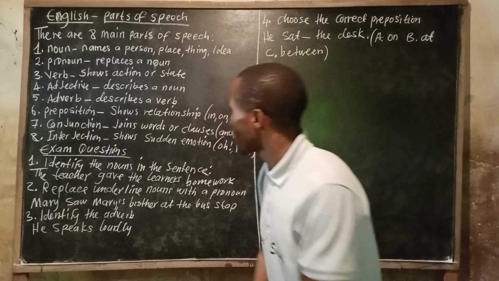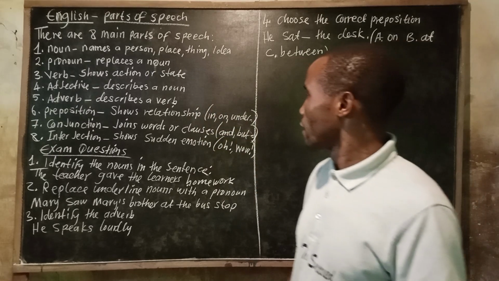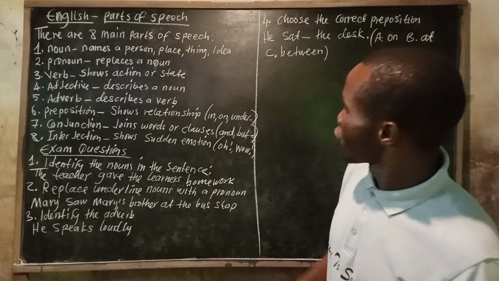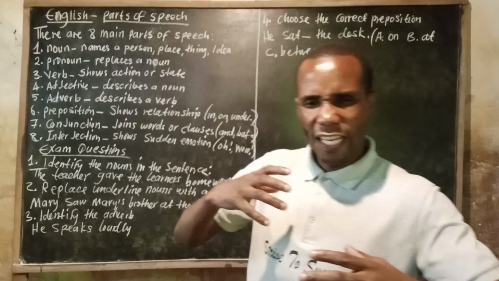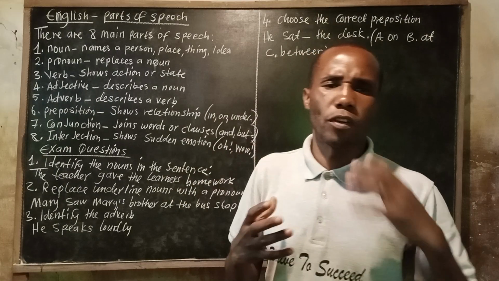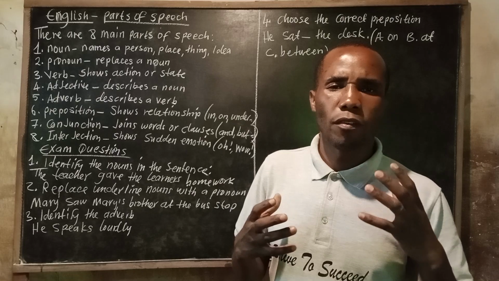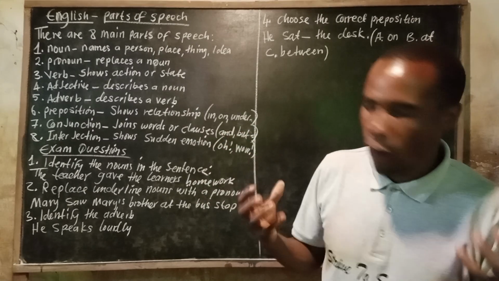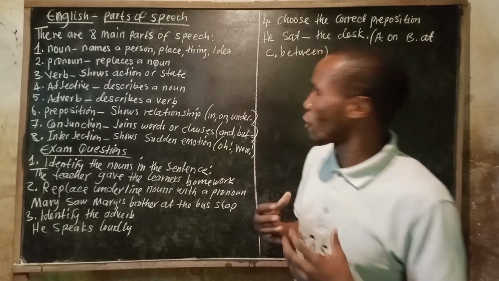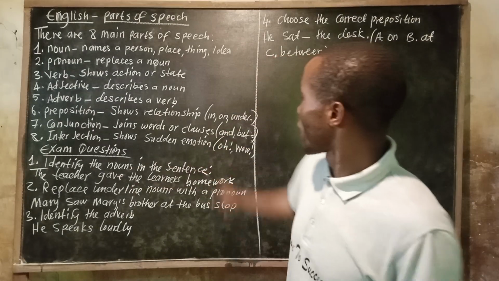Then we also have interjection. An interjection shows sudden emotion. For example, oh, how, wow. Those words are called interjections because they are showing emotion.